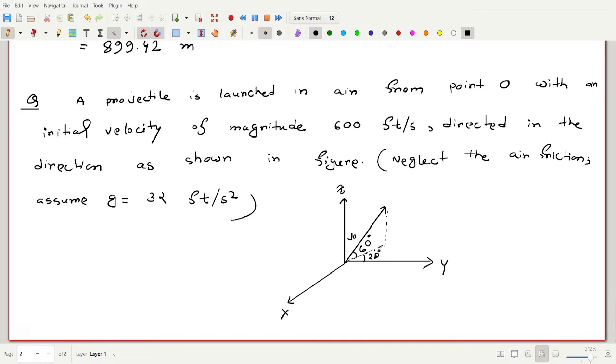Okay, so let me explain things in simple words. So far we have seen that a brass is thrown in the upward direction.